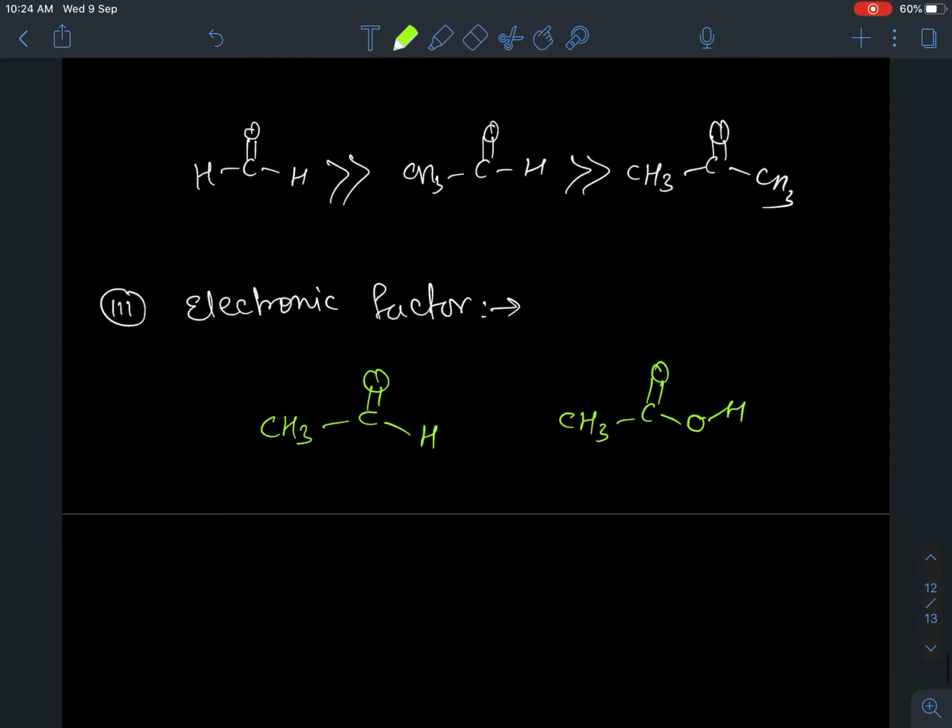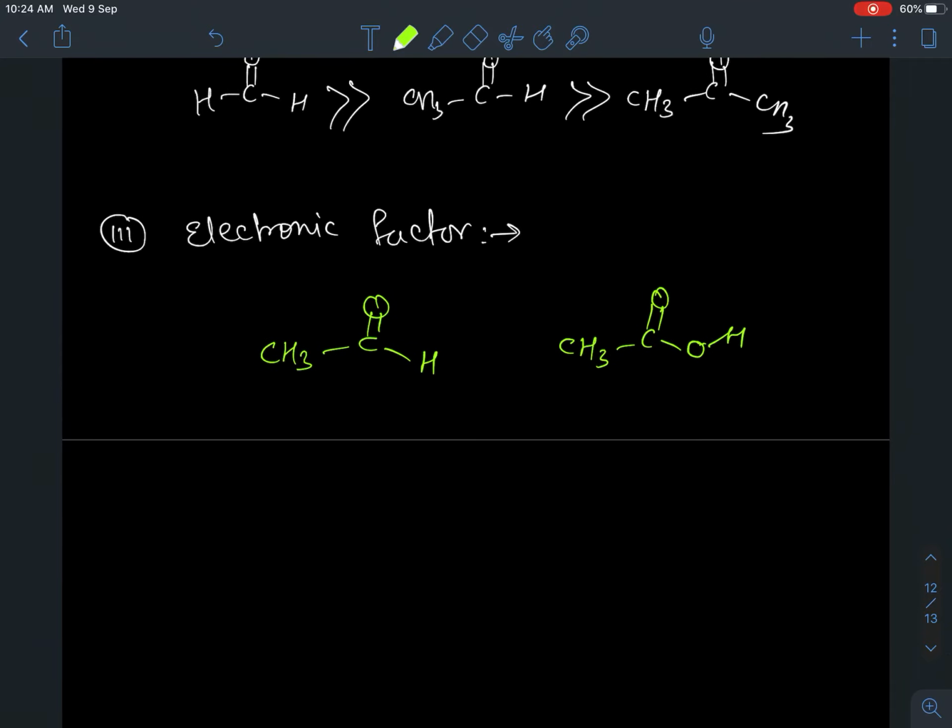What do you think the relative reactivity will be whenever I compare them for nucleophilic attack, with the nucleophile attacking here and here? One factor that is there in the carboxylic acid which is missing here is that the carbonyl group's polarity is disturbed in the carboxylic acid, because of this conjugation.